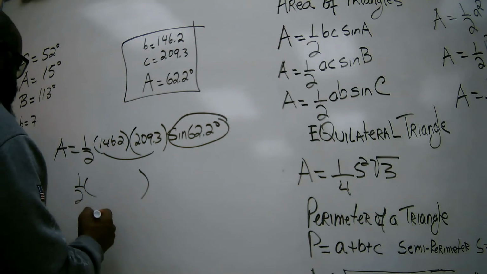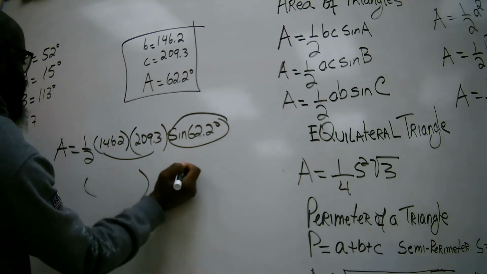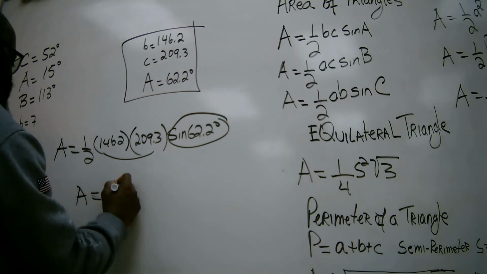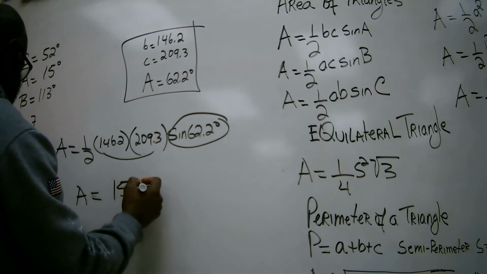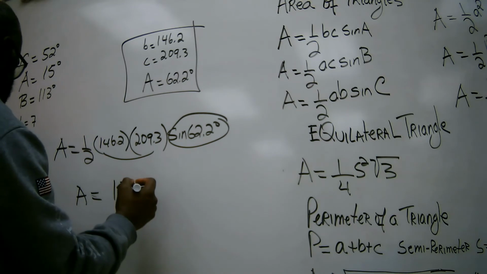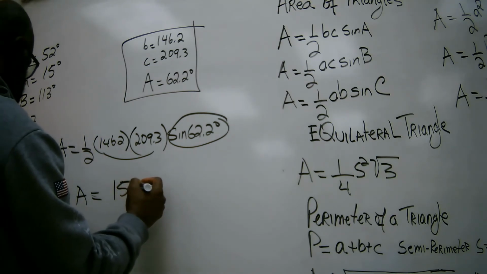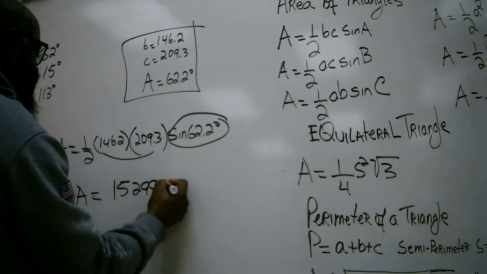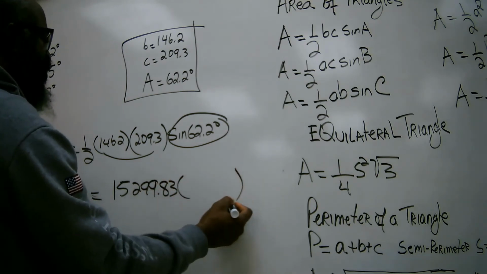That's going to give me A equal 15,299.83. Then I'm going to multiply this.